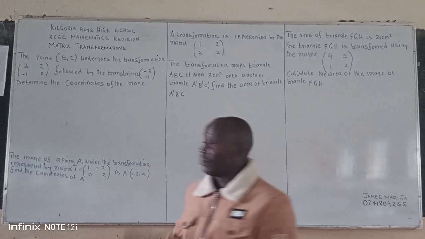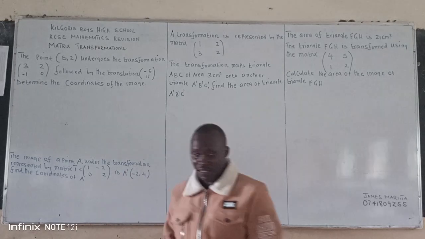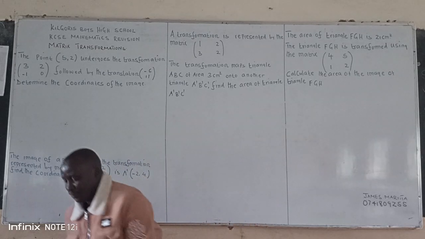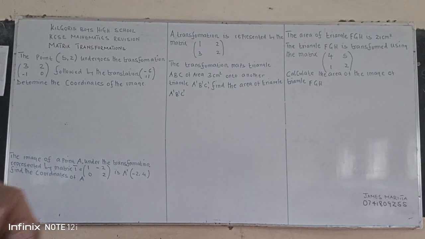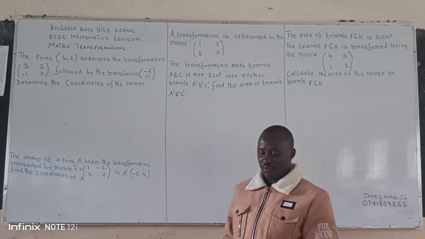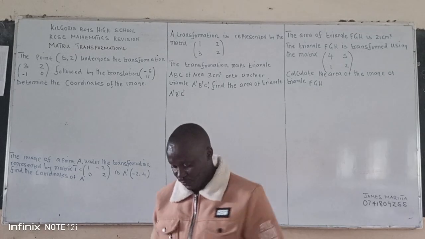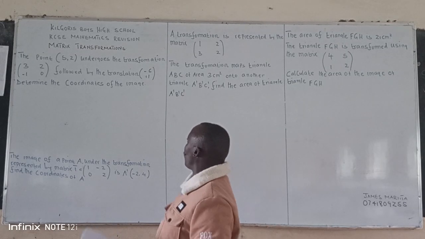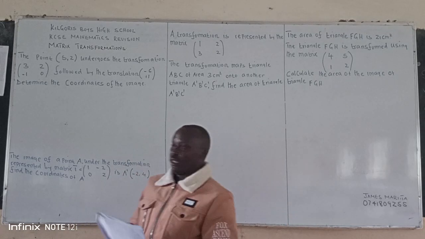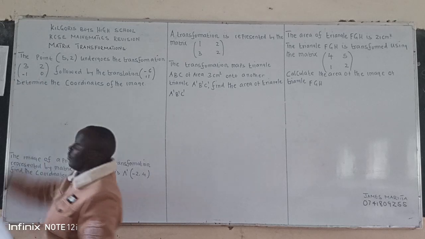Today we are looking at mathematics form 4, that is matrices and transformation. In our transformation, we have a point (5, 2) which undergoes a transformation represented by the matrix (3 2; -1 0).